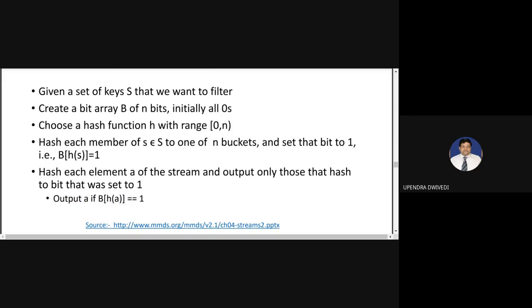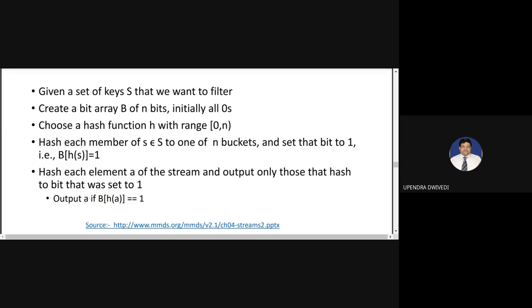And we have to take the output of the hash of all these members of S. You can see that in the previous step, when we applied the hash function, we discussed that the output of the hash function on any given input should be between 0 and n.